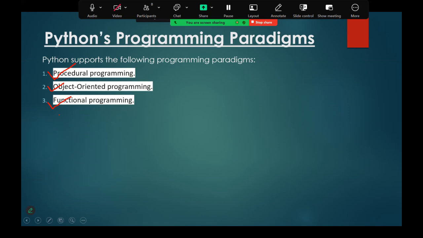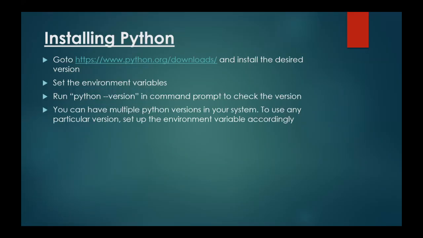Because that's an example of typical object-oriented programming. But Python amalgamates all these kinds of programming paradigms into one single language. That's why you'll be able to write Python code without even creating classes. You can directly start writing the script, just a single line of print statement, and you are good to execute your Python program. So this is about Python's programming paradigms.